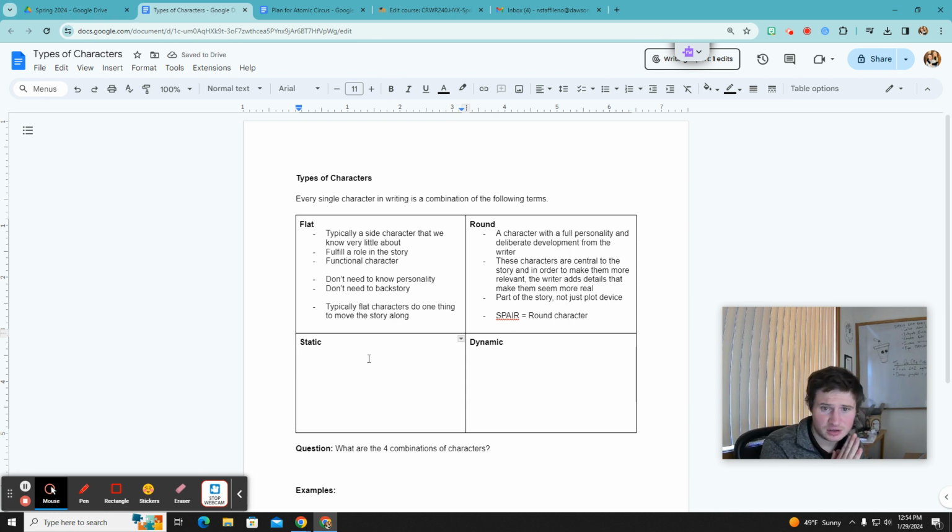Okay, now in addition to having a character be flat or round, the character will also either be static or dynamic. And the terms static and dynamic are related to fundamental internal changes of the character. A static character is a character who does not change. And when I say does not change, I'm not talking about physical change.